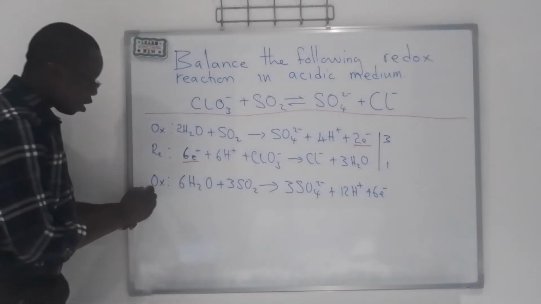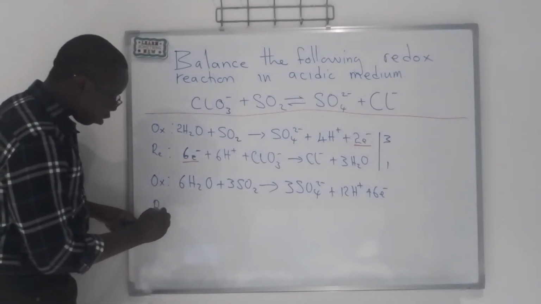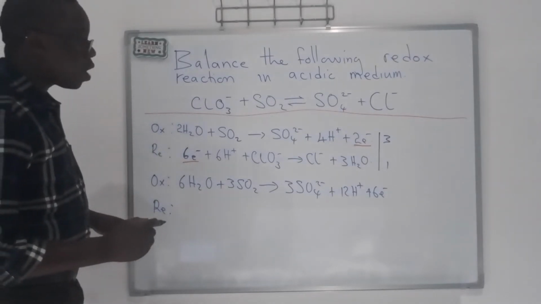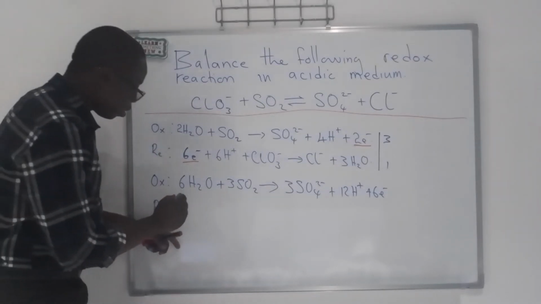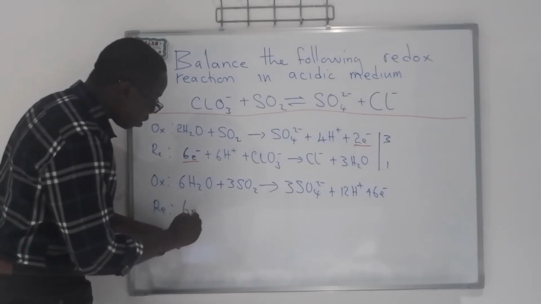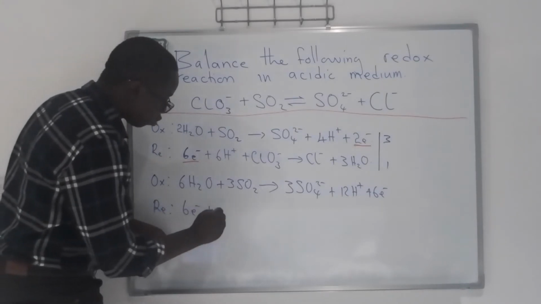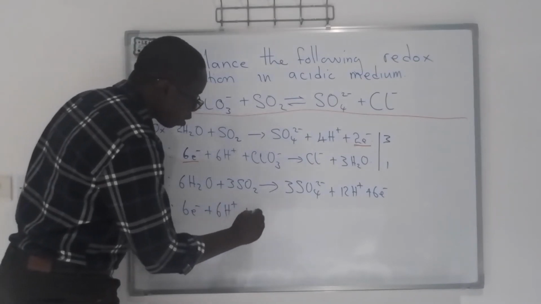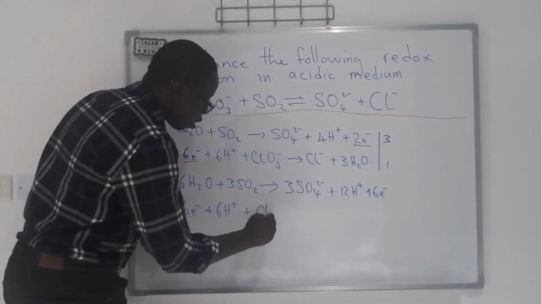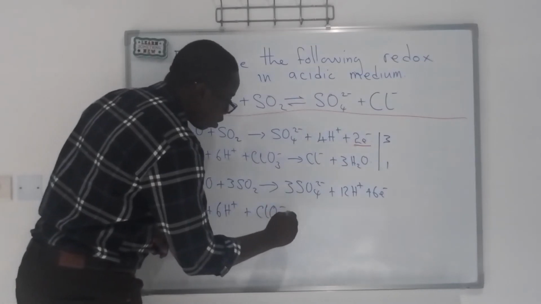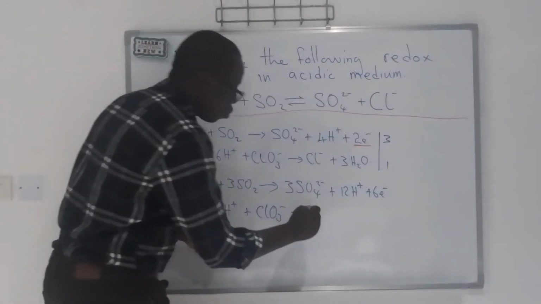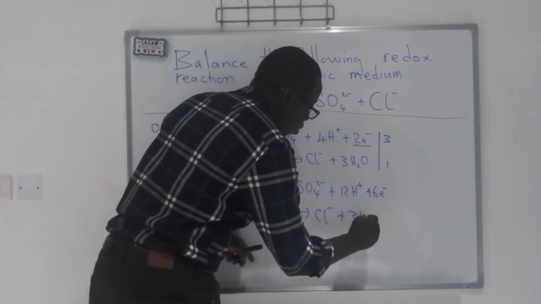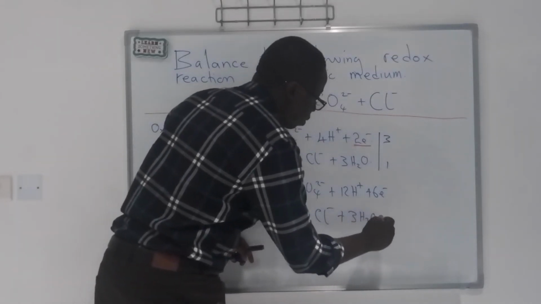When you look at the reduction reaction, it is being multiplied by 1. So this simply means this reaction will remain the way it is. So we have 6 hydrogen ions there, then the ClO3 minus, then the chlorine ion and 3 molecules of water.